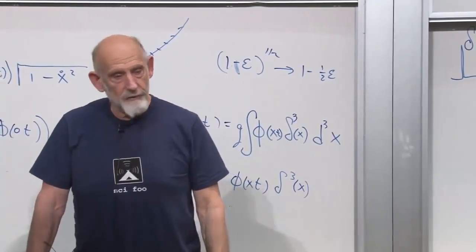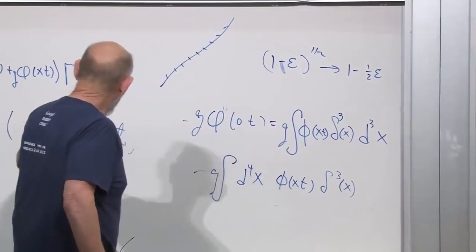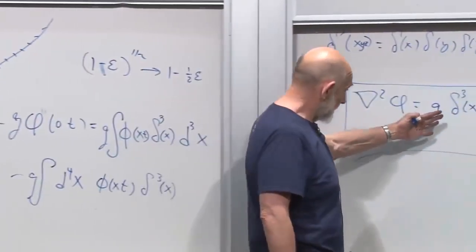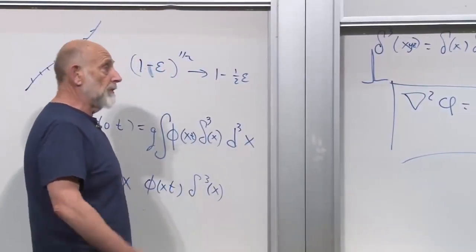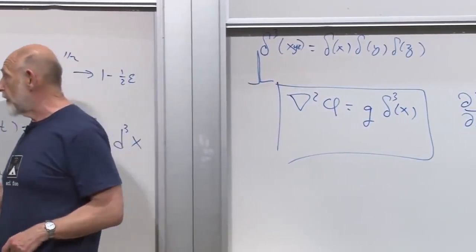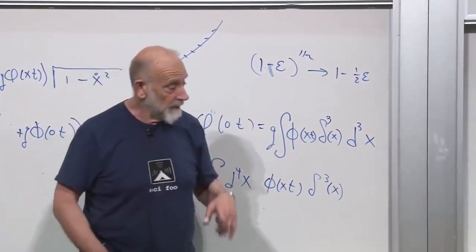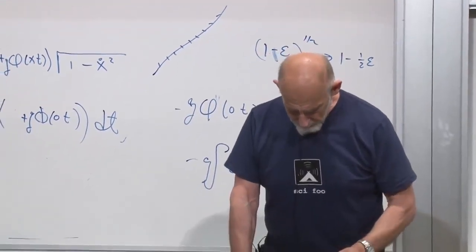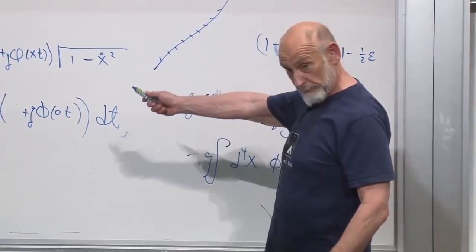The fact that the field affects the particle tells us that the particle affects the field, and with a specific simple example, it even tells us exactly how. Same parameter g. The parameter g determines how strong the effect of the particle on the field is, and it also tells us how strong the effect of the field on the particle is. So we have a nice little story there. Fields and particles affect each other through a common term in the Lagrangian.